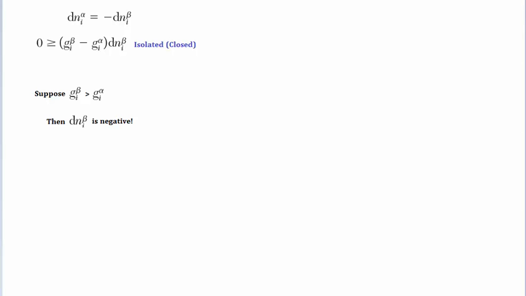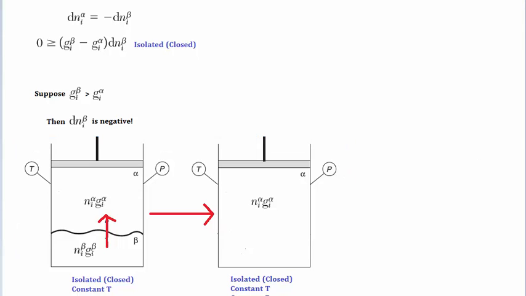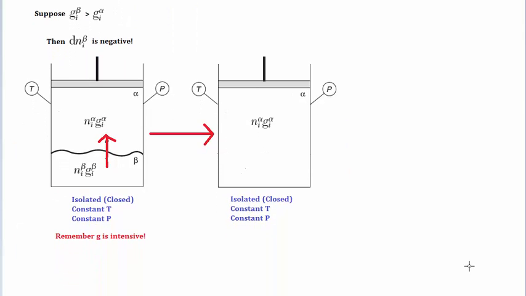Well, it means if you have your system and this is what's happening, your dn beta is negative. What that means is you're losing moles from the beta phase. If you're losing moles from the beta phase, they're going to the alpha phase.